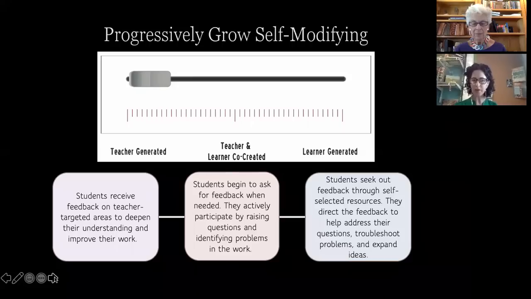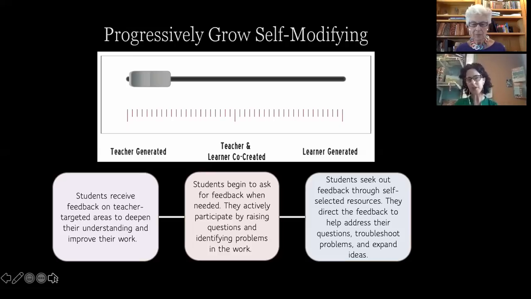So as we're starting to look at this from the teacher-generated side to the learner-generated side, the teacher conversation and voice can actually be enshrined in the supporting tools that you're giving the students, so that they're engaging with you when you're not physically there to give them overt feedback and guidance when they need it.